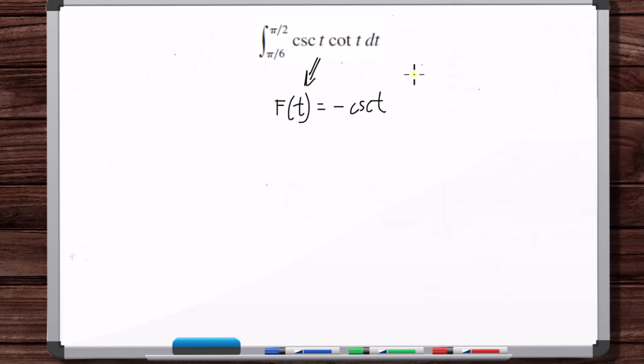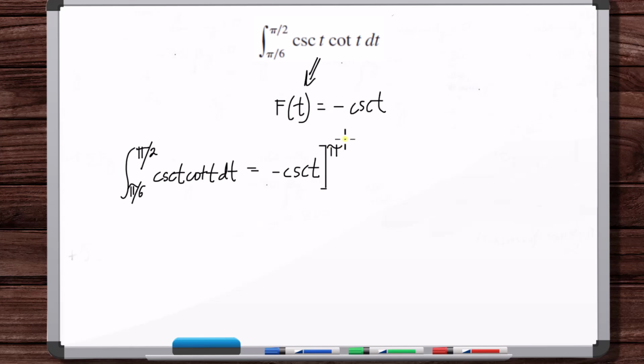So this is minus cosecant t and then at these limits.